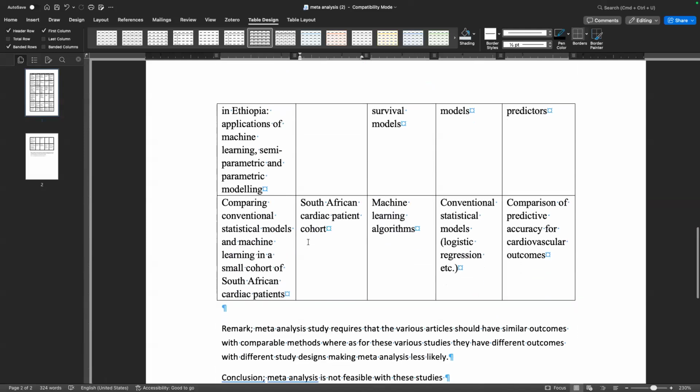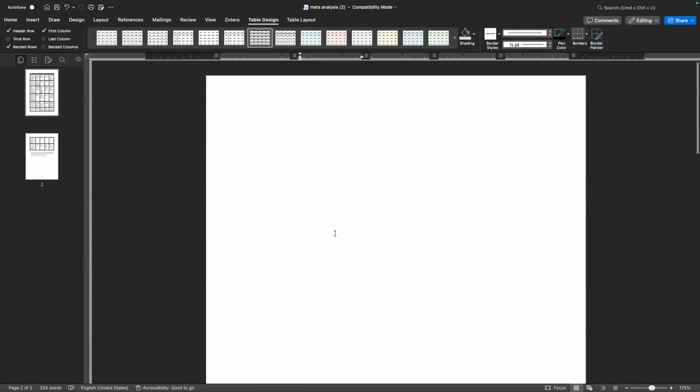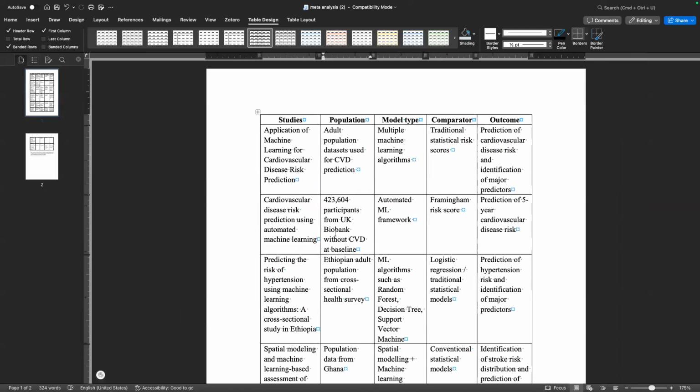From what I've seen, all of them are assessing cardiovascular risk factors, but the outcomes are not typically the same, because some assess stroke, while others assess prediction of cardiovascular risk factor disease and identification in the population.